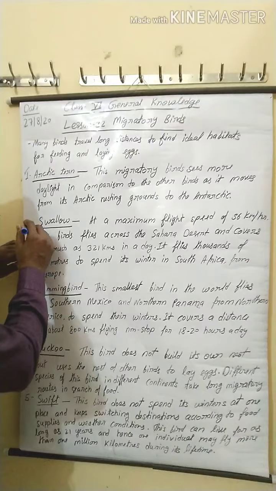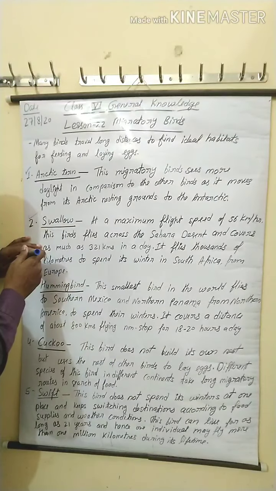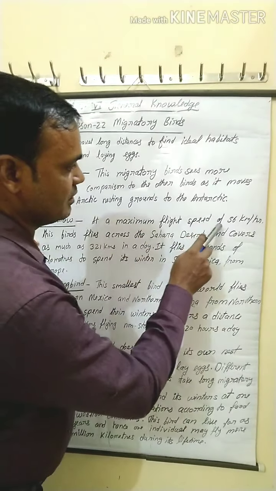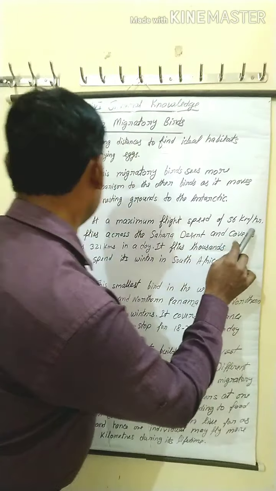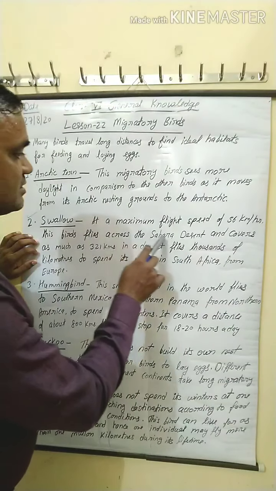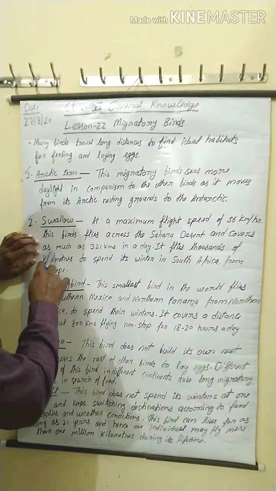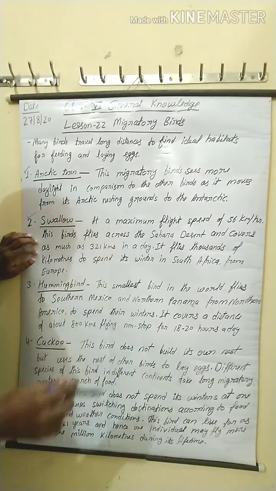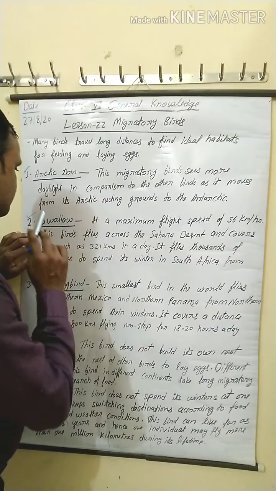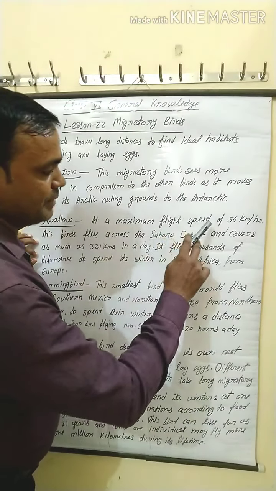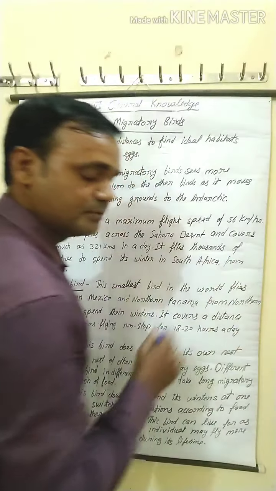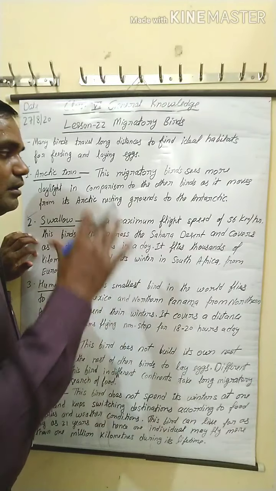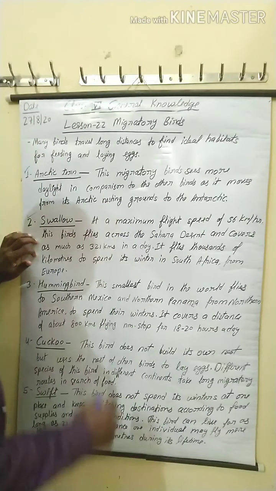Okay. Next, swallow. At a maximum flight speed of 56 km per hour, this bird flies across the Sahara Desert and covers as much as 321 kilometers in a day. In 1 hour they cover 56 kilometers.